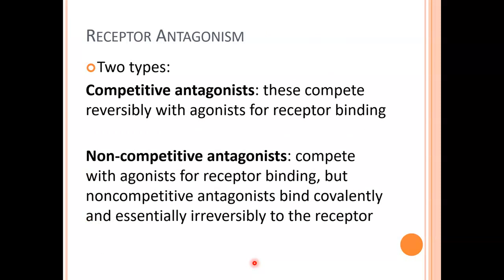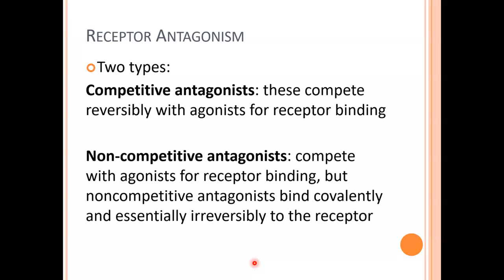Right, so talking about antagonists a little bit, we have two types. There is competitive antagonists. So this is a reversible binding with your receptor. And what that means is, let's say there is a competitive, so a reversible binding antagonist. If you increase the concentration of your drug, just by natural competition of you having more drug, you are going to have the drug saturate the receptor.